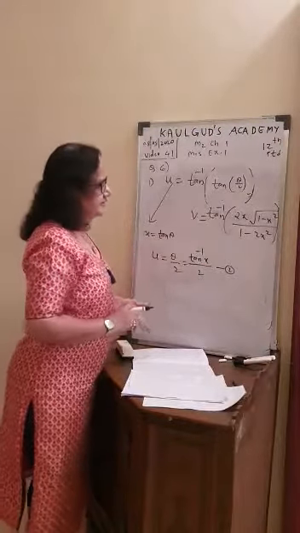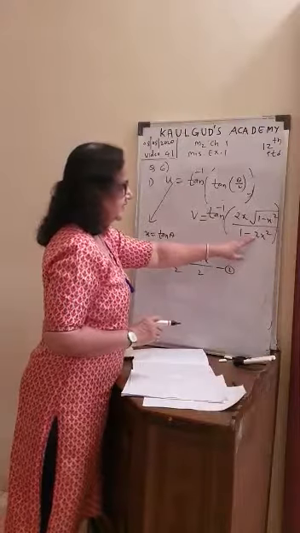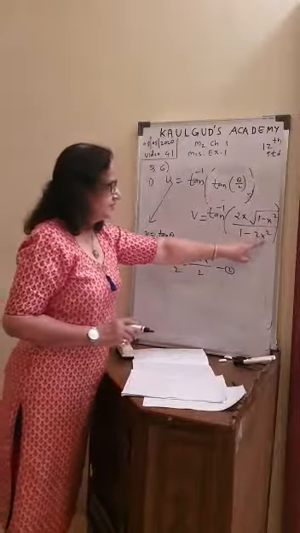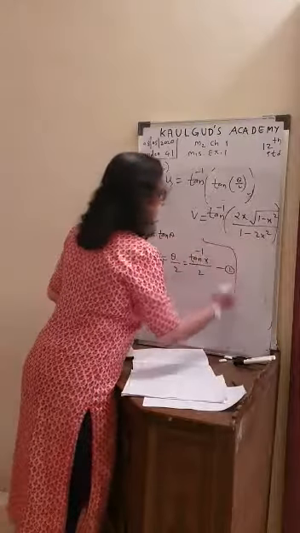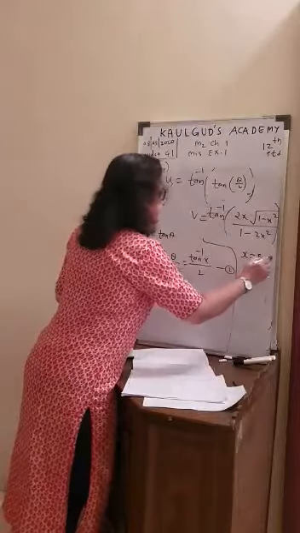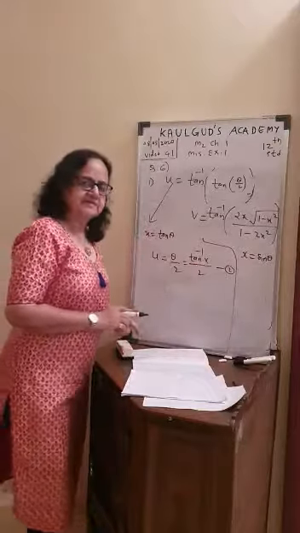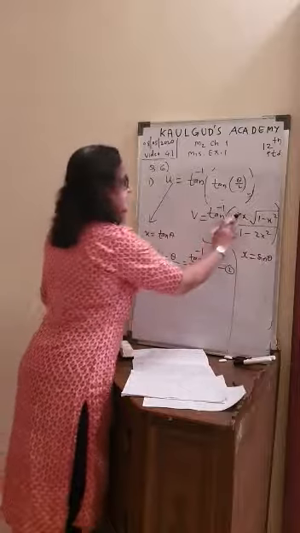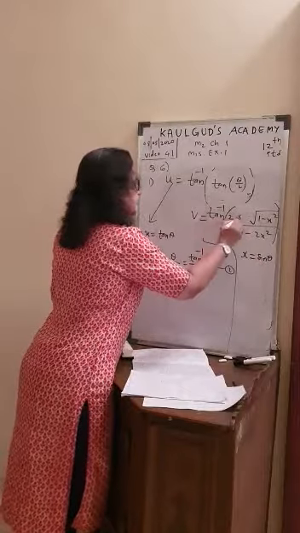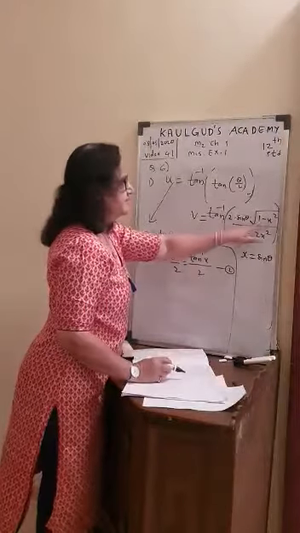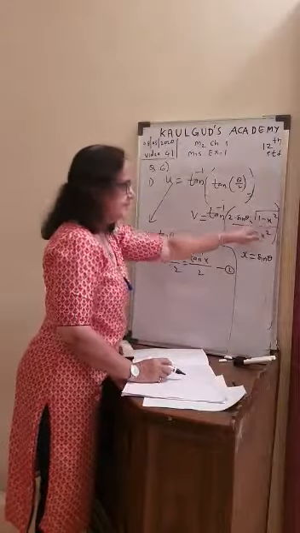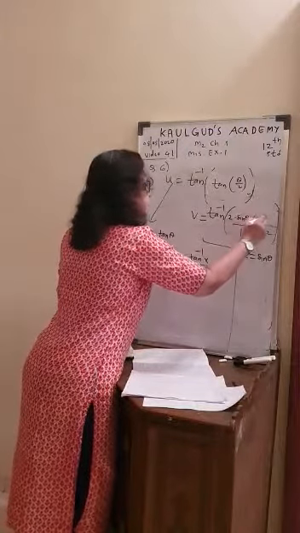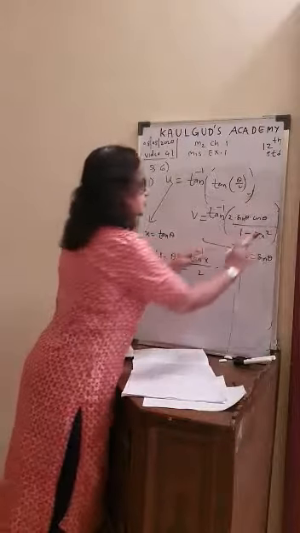For v, do you realize that this is your quick idea? 1 minus 2 sin square theta, cos 2 theta. So if you put in v, if you try x equal to sin theta, what will be theta? Sin inverse x. So this will be 2 into x, I am calling sin theta. So this will be 2 into sin theta, 1 minus sin square, cos square, root of cos square, cos. And this is 1 minus 2 sin square theta.